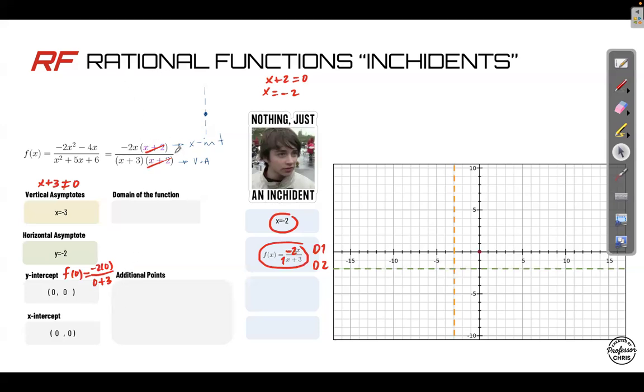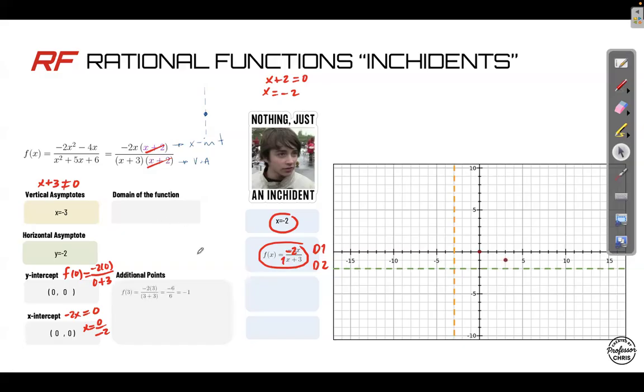Notice how the x-intercept is based on what you have in the numerator. So in the numerator, you have minus 2x, and you set that whole thing equal to 0, you get x is equal to 0 over minus 2, or you can even forget about the minus 2, it won't make a difference. So that means that the graph is crossing both axes at 0, 0.